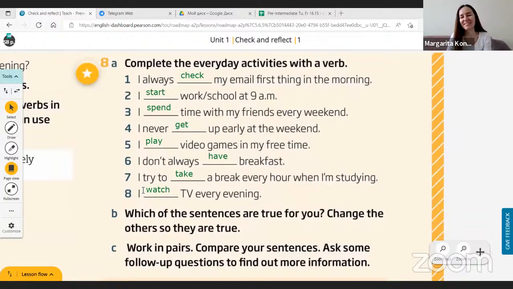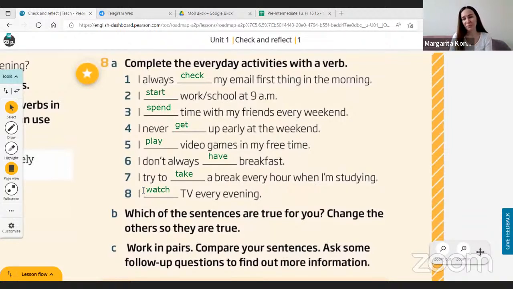And only then, maybe I check my mail. Okay, fine. Number 2, it's again not true for me. I start my work sometimes at 7:30 in the morning. And sometimes I start my work at 9:30 in the morning. So every day it's different.